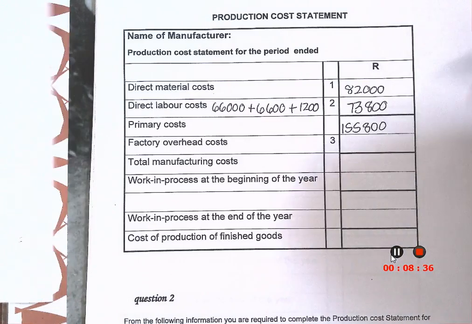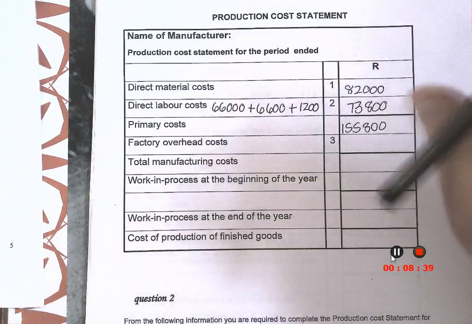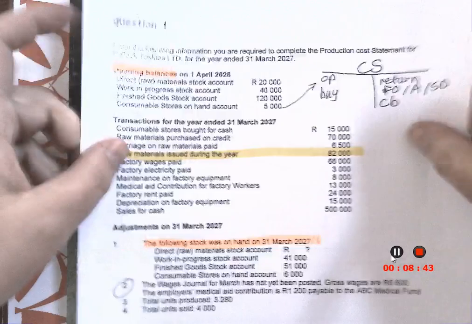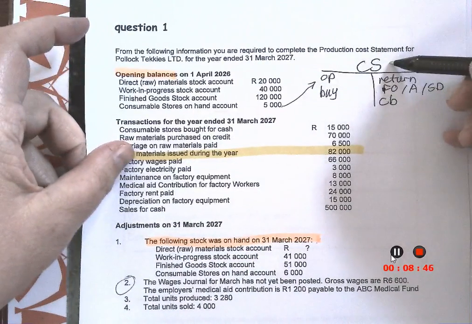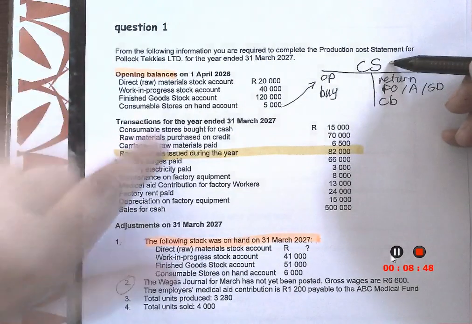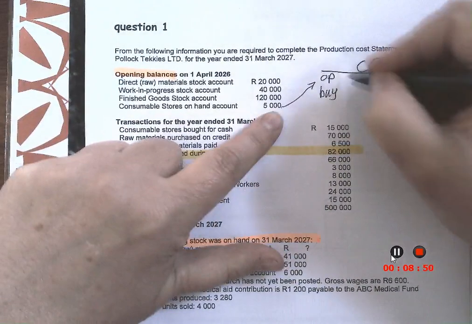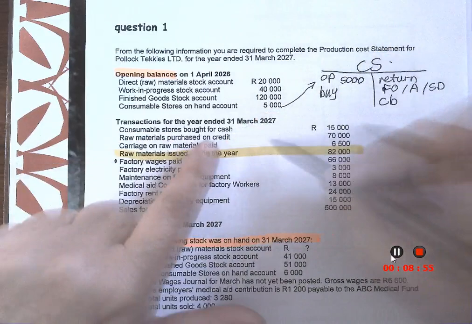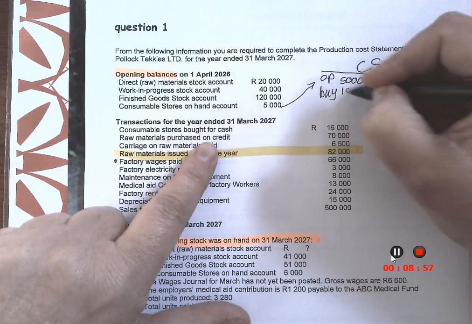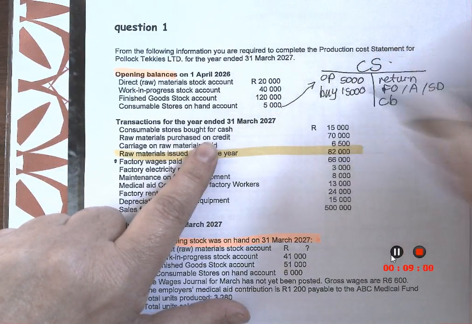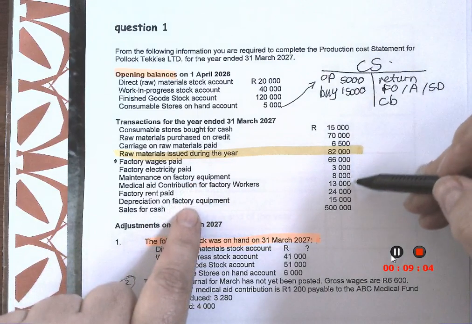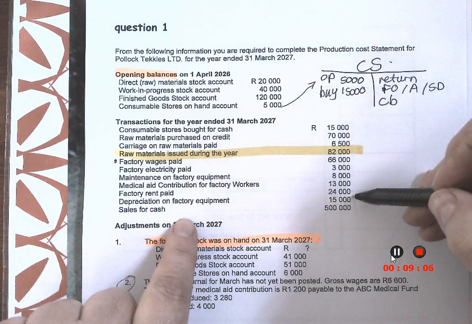Now I need my factory overhead. So now this is all my expenses. The first thing I want to do is see my consumable stores. Consumable stores starts with 5. I see I bought 15. Did I return anything? No. Ooh, I see I left out something.